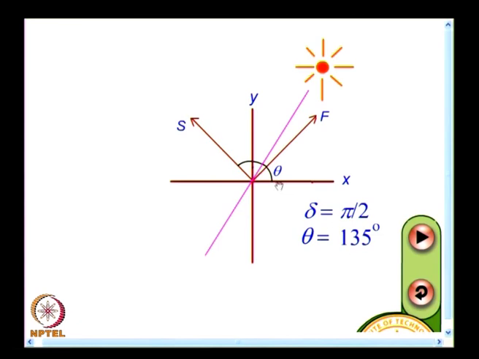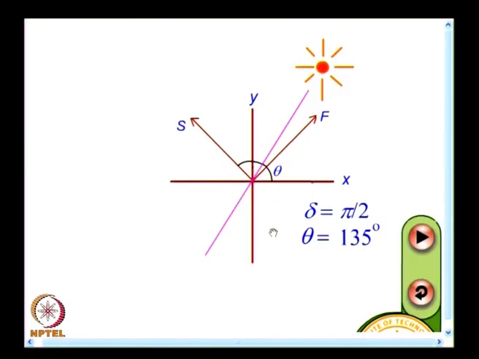On the other hand, if I put theta equal to 45, I would get a different answer. Unless I keep the quarter wave plate slow axis at 45 degrees, I cannot put theta equal to 45. So, you have to represent theta very carefully. Theta is always in our representation the orientation of the slow axis with respect to the horizontal.